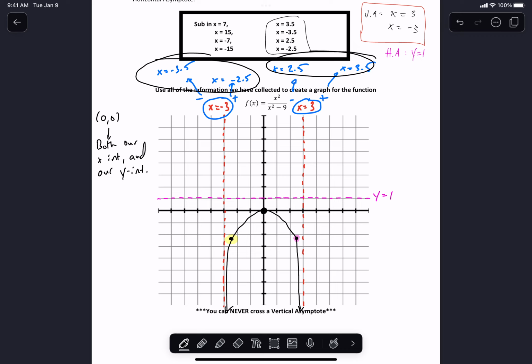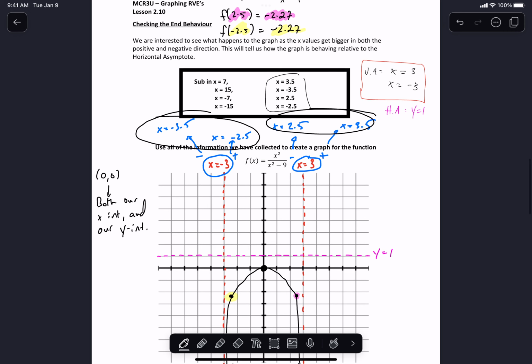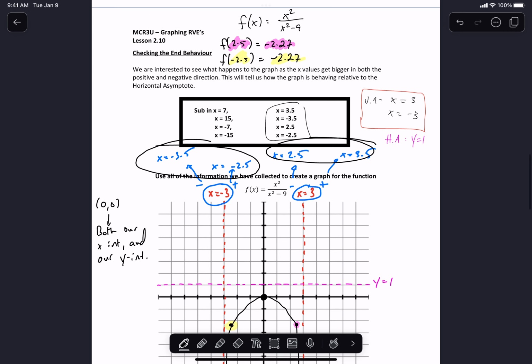Okay, I don't have numbers for f at 3.5 and f at negative 3.5. Somebody wants to do those, but I do have f at 7. If you evaluate the function at 7, you should get... Are we okay?